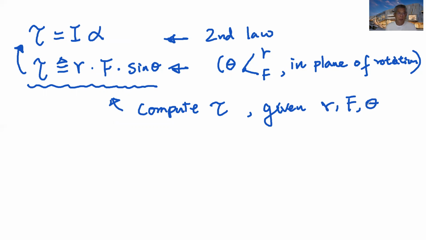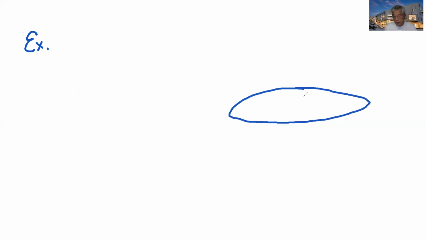Right, now let's give an example of Newton's second law. Let's say we have a disc, like a merry-go-round, and you support it with a pivot.